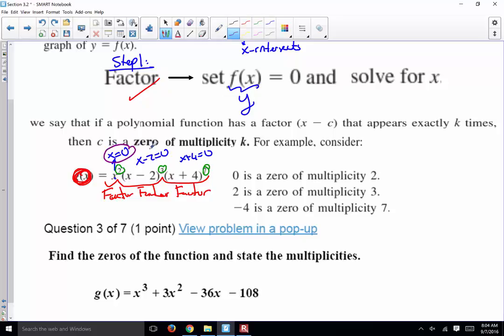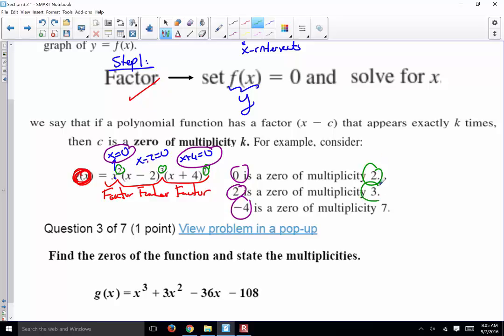And the results you get are called x-intercepts or zeros. But since some of these factors are repeated multiple times, we call it multiplicity. Such as x equals 0 is the first answer, this one is 2, and the last one gives us negative 4, and I have powers around them, 2, 3, and 7.